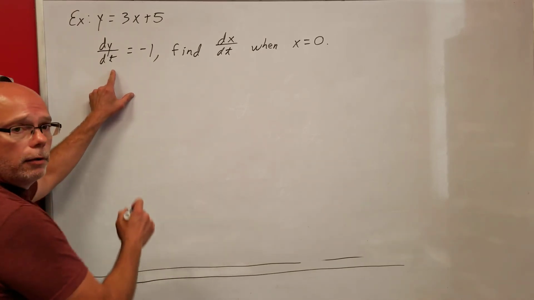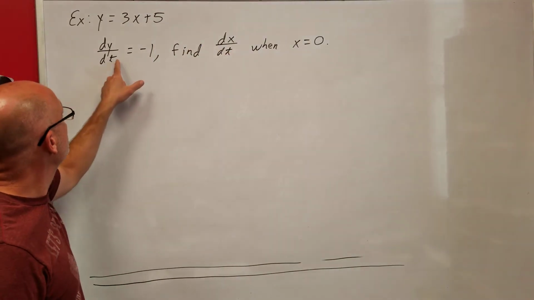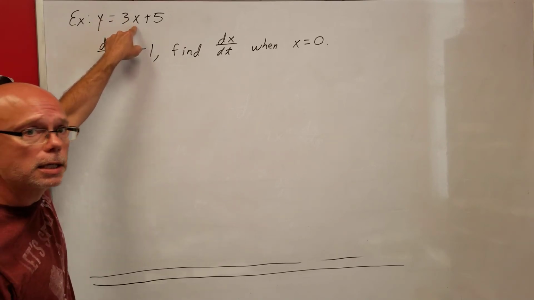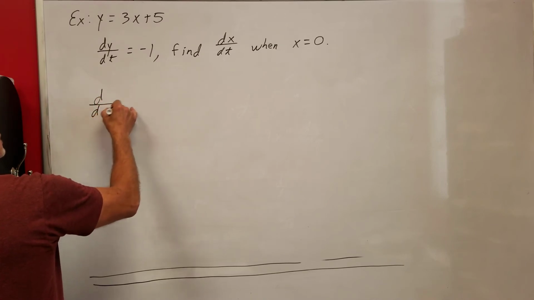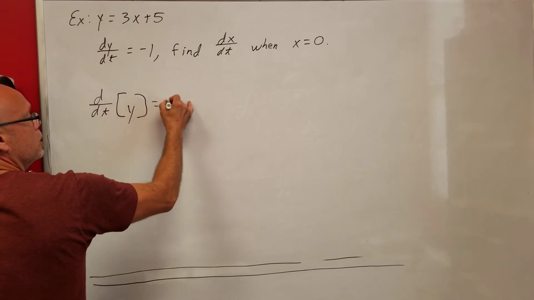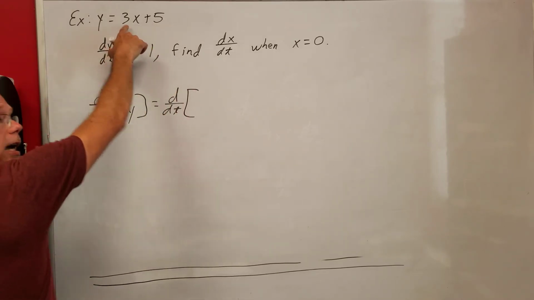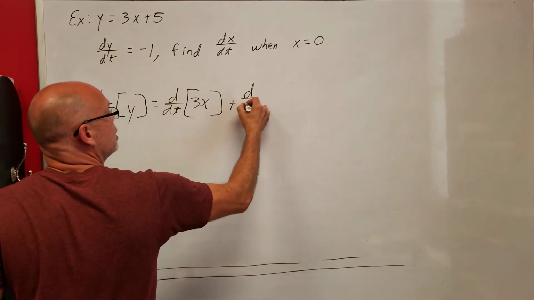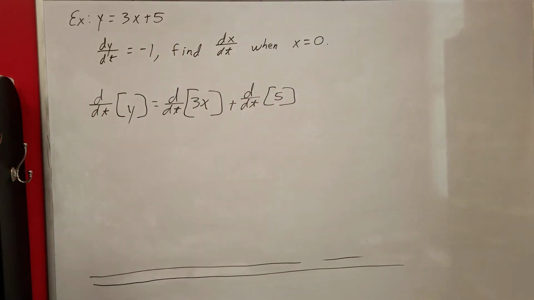So what do I have here and here? I have the derivative with respect to t. So what I'm going to do is take the derivative of each side of this equation with respect to t. So I'm going to have d over dt of y is equal to d over dt of 3x plus d over dt of 5.